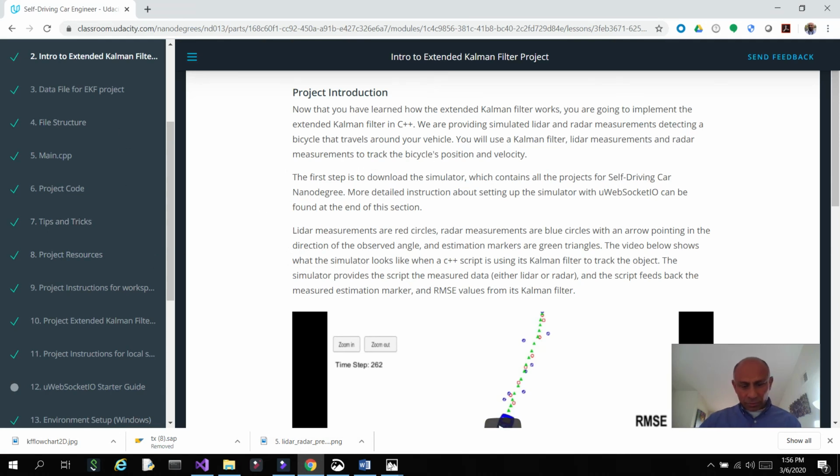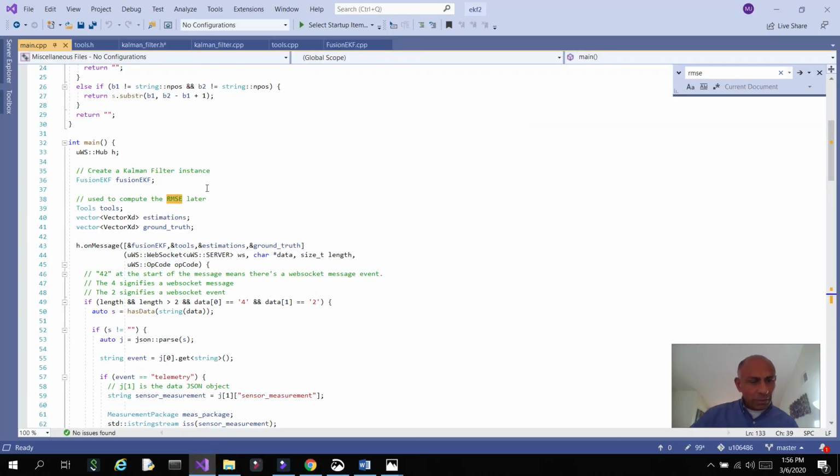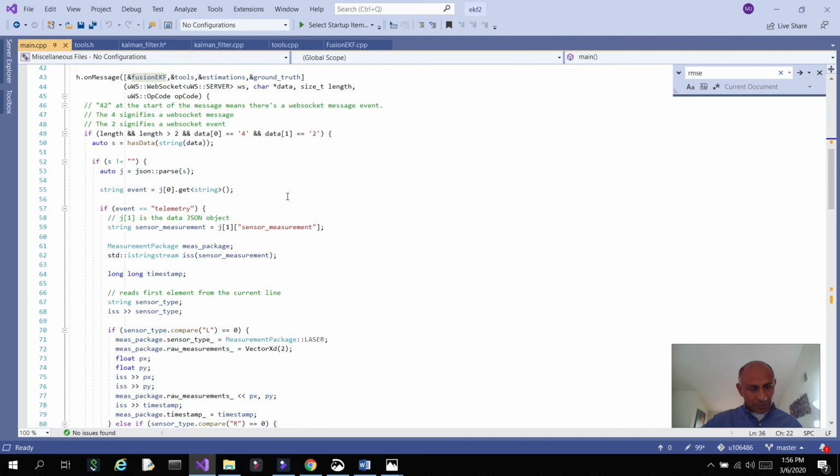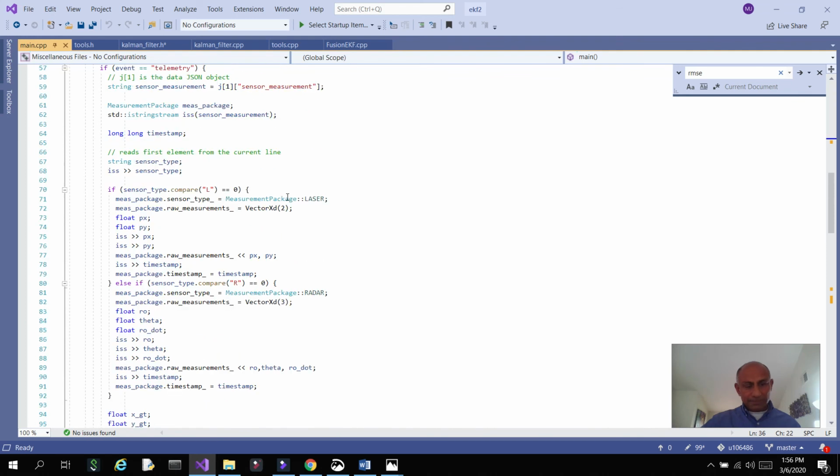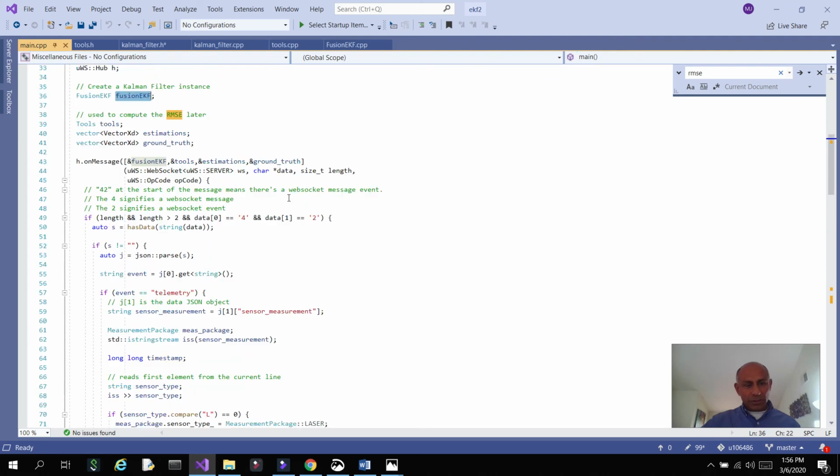Going back to the program a little bit more. We had the main.cpp file, which was communicating with the simulator, reading the data and calling the functions.